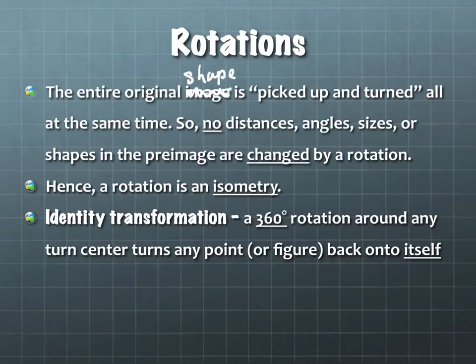So because we're shifting the shape all at the same time, much like with translations, no distances, angles, sizes, or the shape itself is changed when we change the pre-image into the image. Because of that, a rotation is called an isometry as well. It preserves those distances.